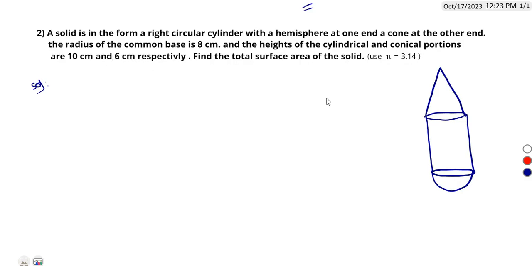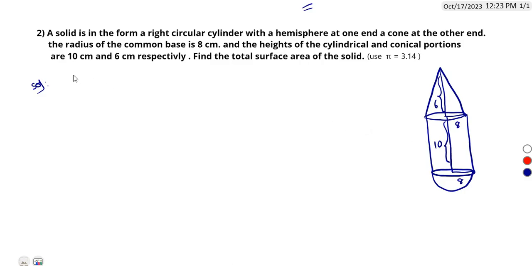The radius of the common base is 8 centimeters, and the heights of the cylindrical and conical portions are 10 centimeters and 6 centimeters. Cylindrical height 10 centimeters and cone height 6 centimeters, radius 8 centimeters. Find the total surface area of the solid.